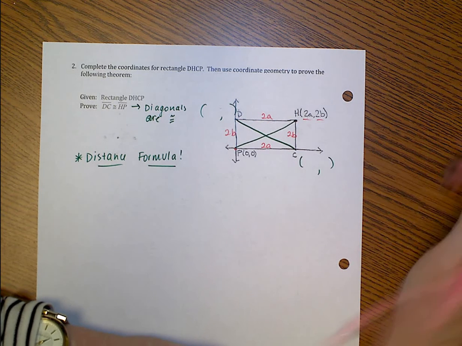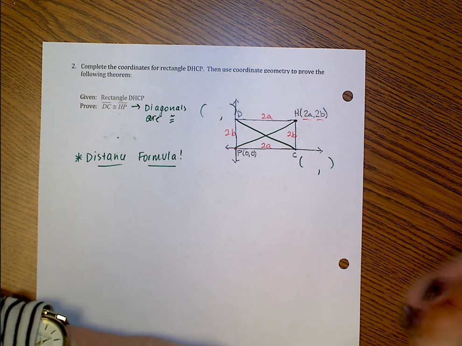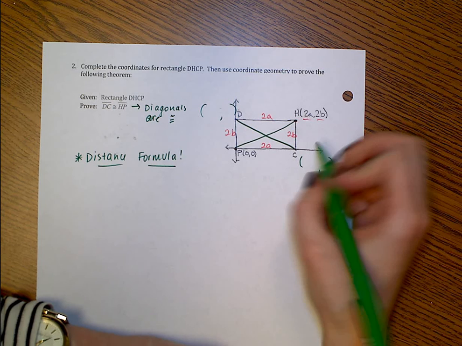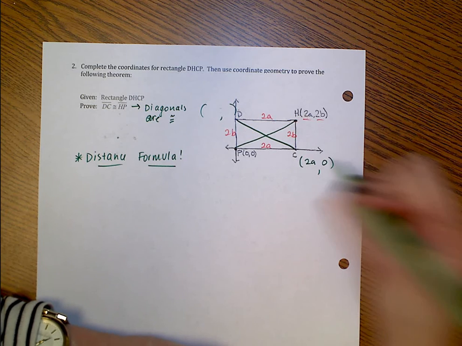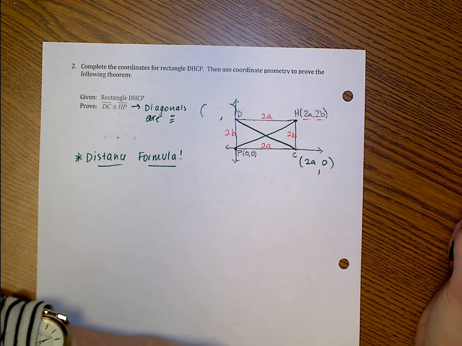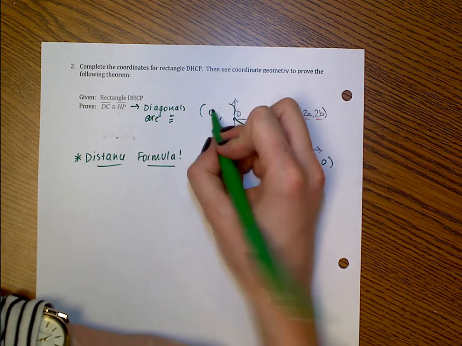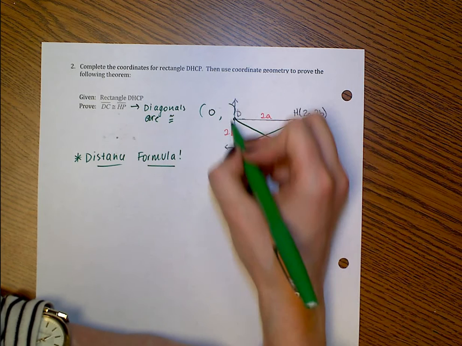Now we can fill in point C and point D. To get to C, you start in the middle and you go right 2A. Do not go up and down. So C is (2A, 0). To get to D, you don't go left and right, so 0. You just go up 2B.